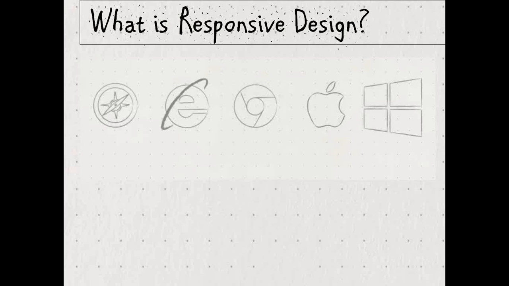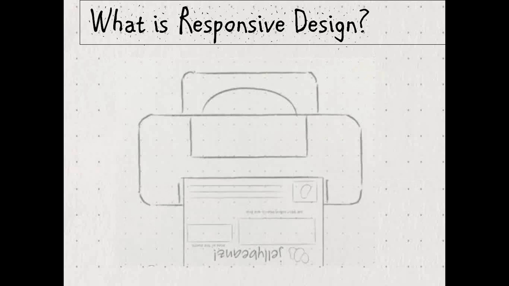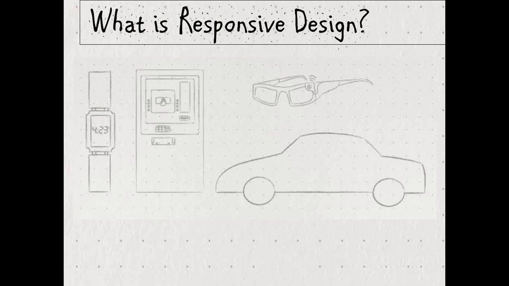I also need to consider how my content will look if and when it's printed, or whether people are attempting to access my content on any of the growing number of devices which have web capabilities enabled and which don't really resemble the traditional screen and browser configuration.